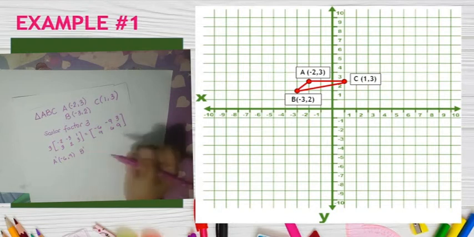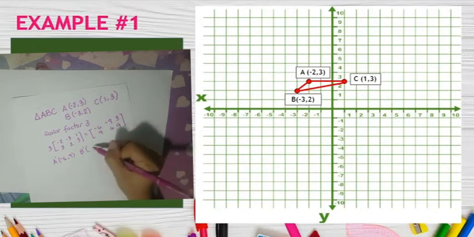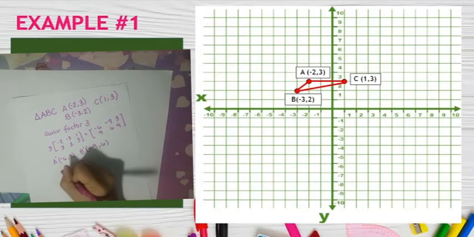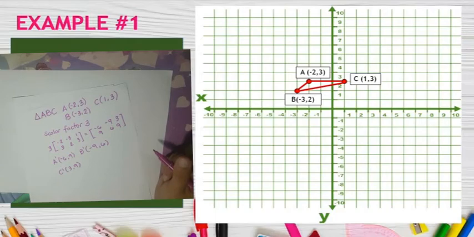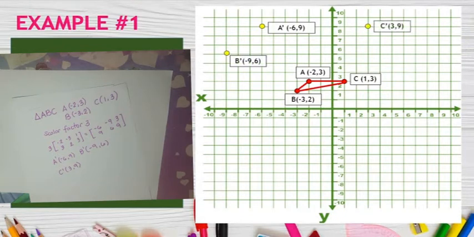B prime will be -9 and 6. And for C prime, we'll have here 3 and 9. Now we have the coordinates for A prime, which is -6 and 9, B prime, which is -9 and 6, C prime, which is 3 and 9, and then let's connect them.